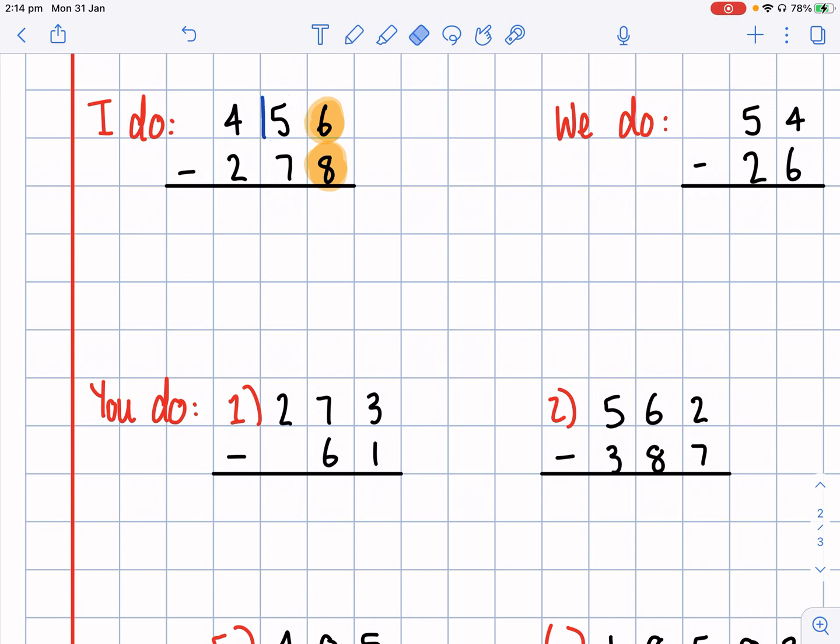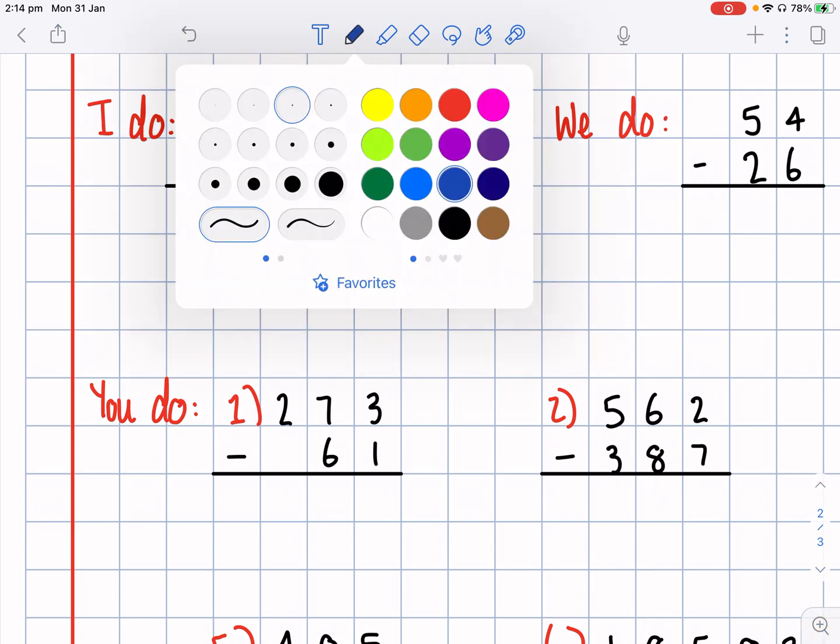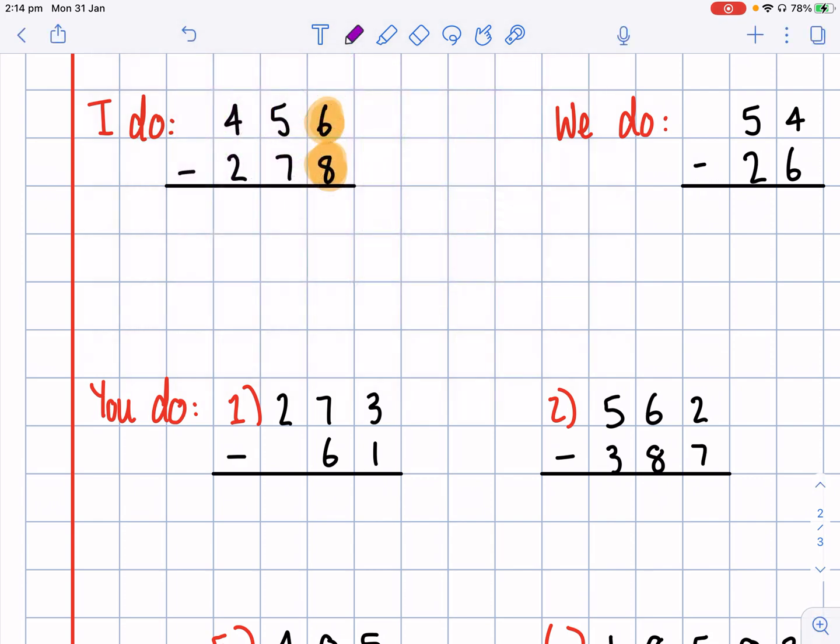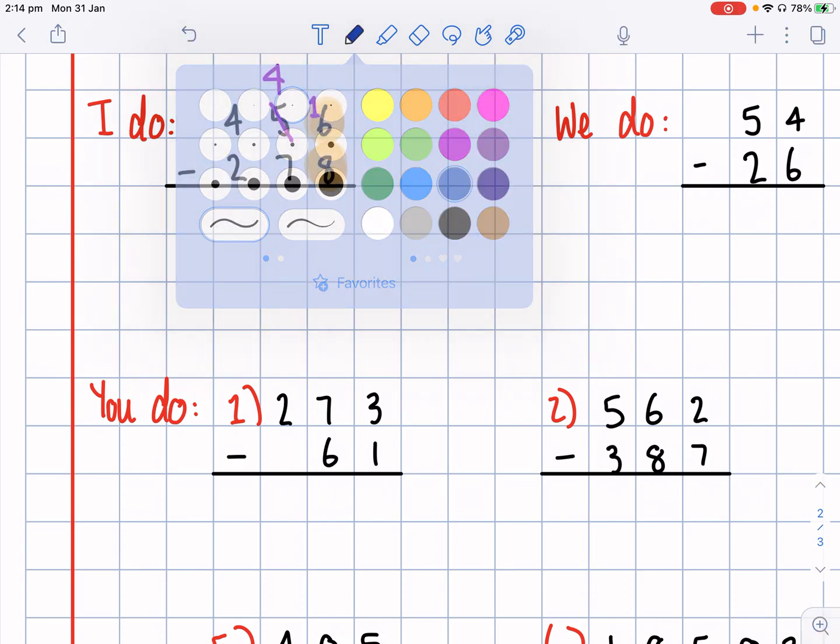So I'm going to borrow a 10, which means this 5 is going to become 4. And this 6 becomes 16, and I show that by putting a 1 next to it. Now, 16 minus 8 is, of course, 8.